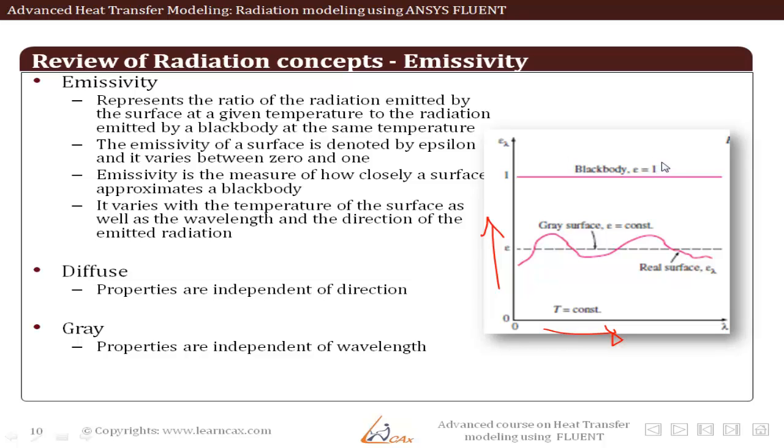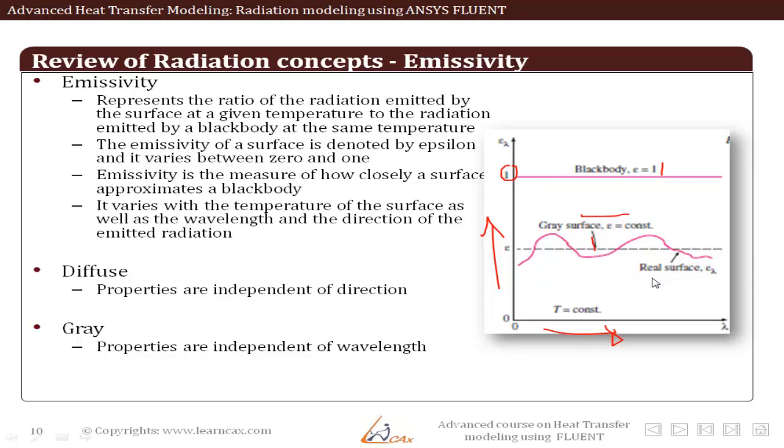So there is actually no variation of emissivity with wavelength. But if you consider a gray surface, that is the dotted line here, it is also constant with wavelength, but the emissivity is not equal to 1. For black body the emissivity is equal to 1. So gray surface also is an idealized concept where emissivity, although not 1, is still constant with wavelength.